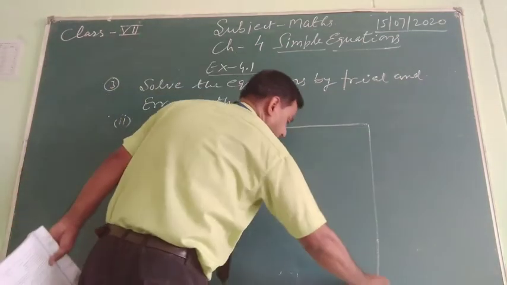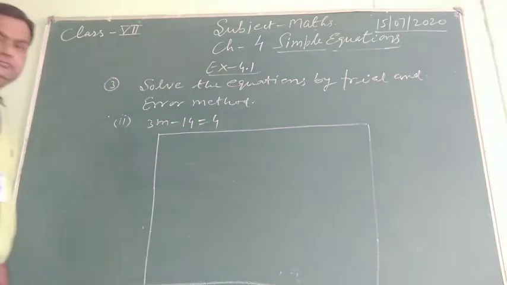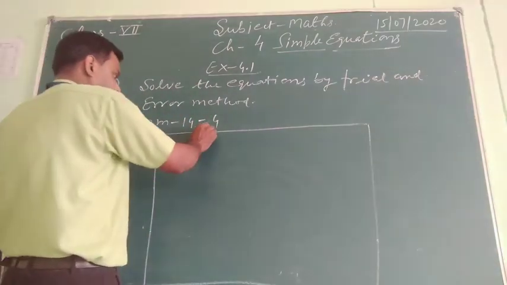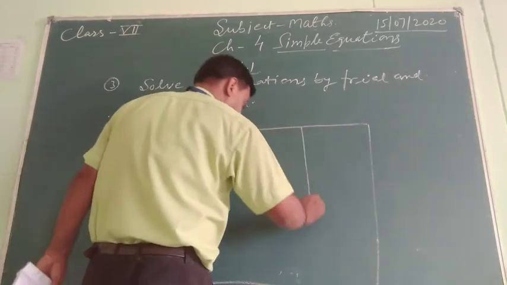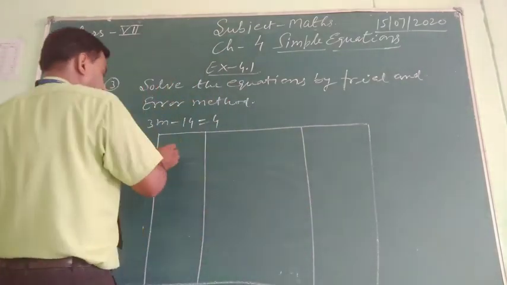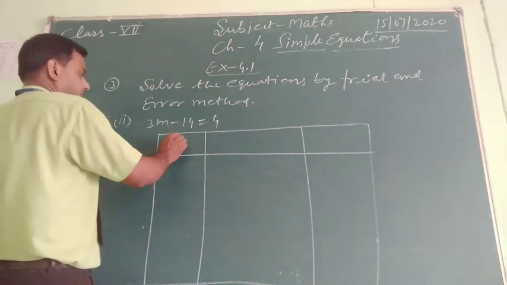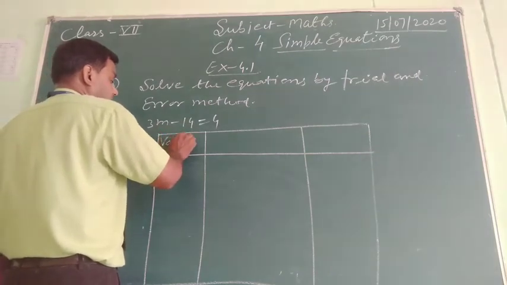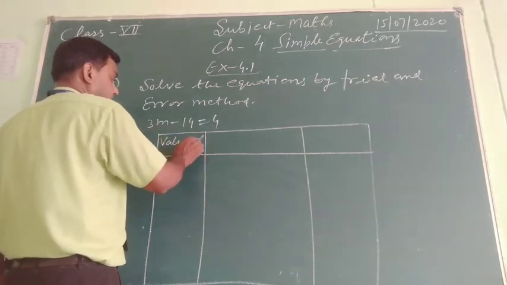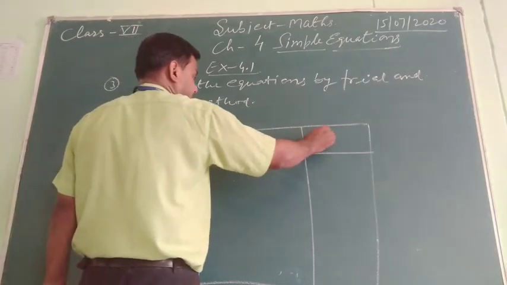First of all, we will make the table and put the values of m. We will find the solution. Value of m, equation 3m minus 14, and RHS is 4.